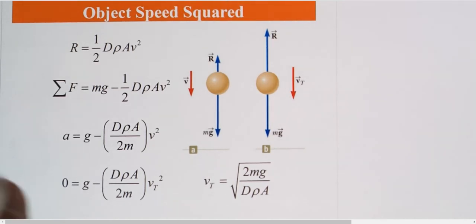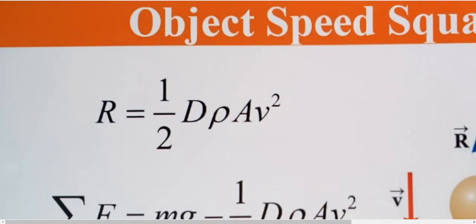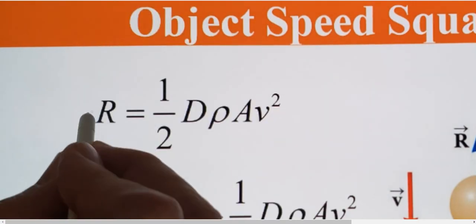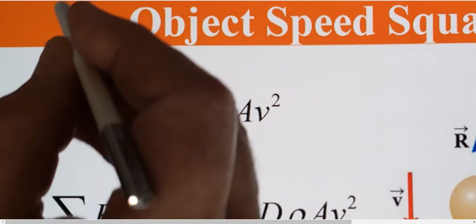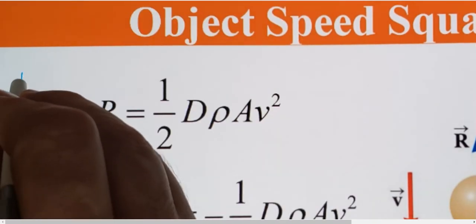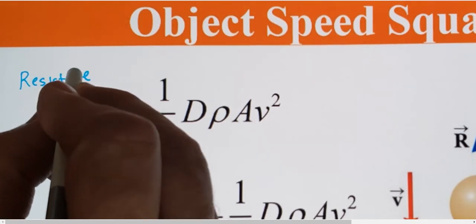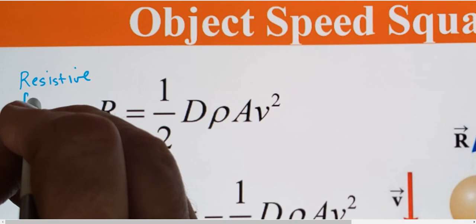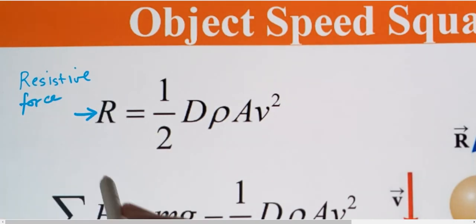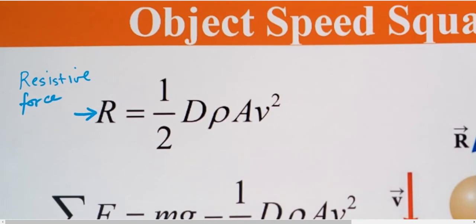So first of all, let's talk about this main equation. R is our resistive force. So it's in Newton.